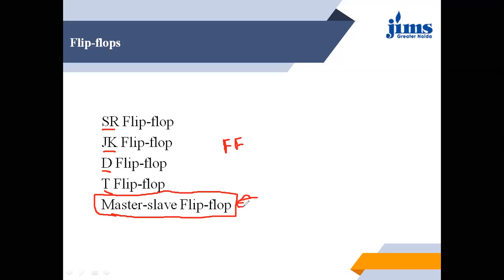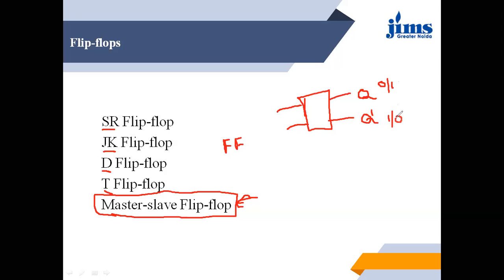So the output of flip-flops, suppose this is an SR flip-flop. There will be 2 inputs and there will be 2 outputs. As I told you, one output is Q and the second output is Q bar, but these two will be complements of each other. Suppose this is 0, then this is 1, or for example, if this is 1, then in that case the other output is 0.